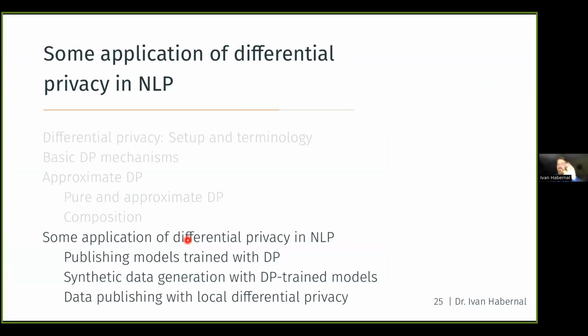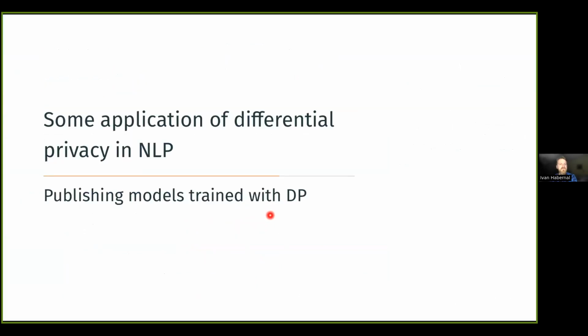Now we're moving from the theory, which is really important to understand all the concepts, to some applications of differential privacy in NLP. We are just scratching the surface here, but I believe it's a nice trade-off between pure theory and applications. The first thing we are interested in is that we want to publish models trained with differential privacy.